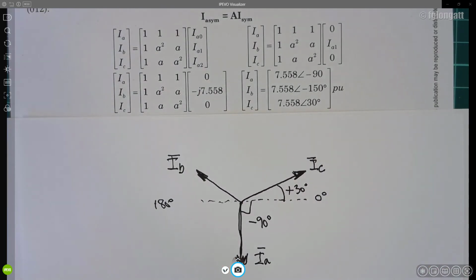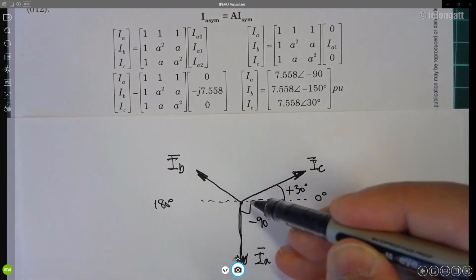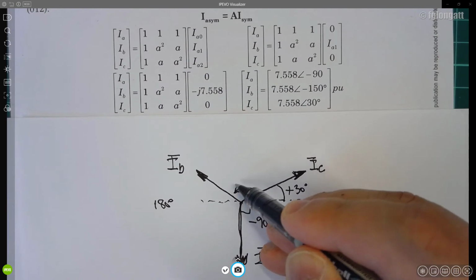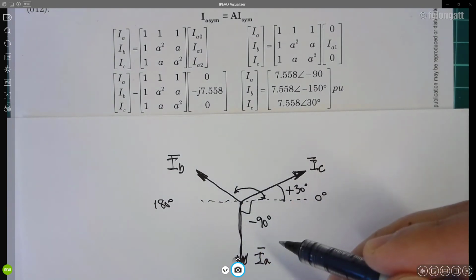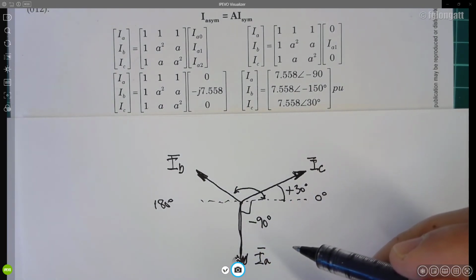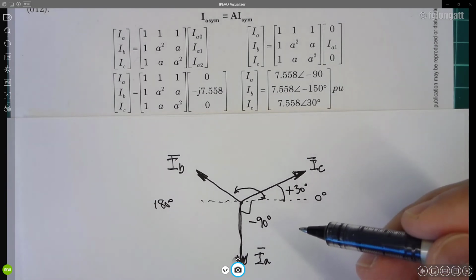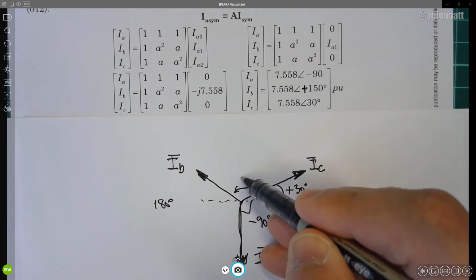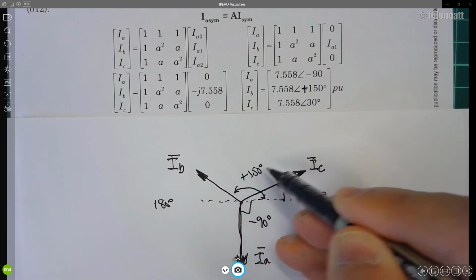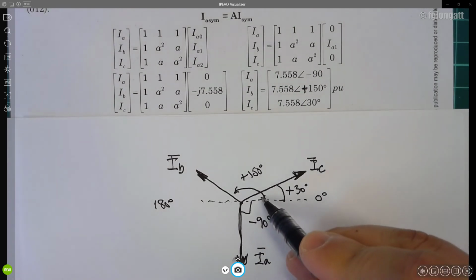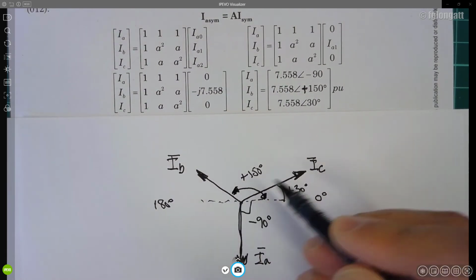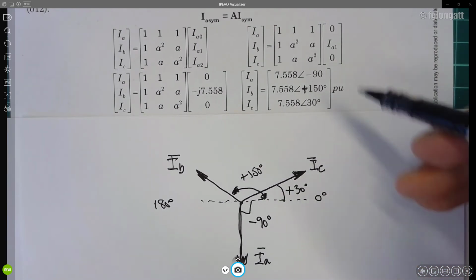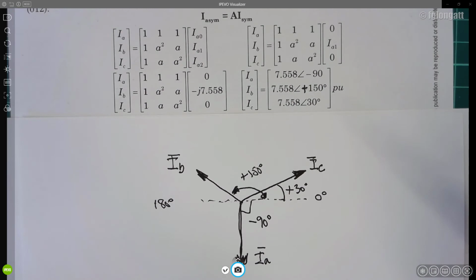With this ugly handwriting, what I'm trying to show you is the beautiful property here. Oh Jesus, it was a mistake. It's 150, positive 150 degrees here. Now it's clear. That is the good news of plotting the phasor diagram, that you can identify if there is any numerical mistake.